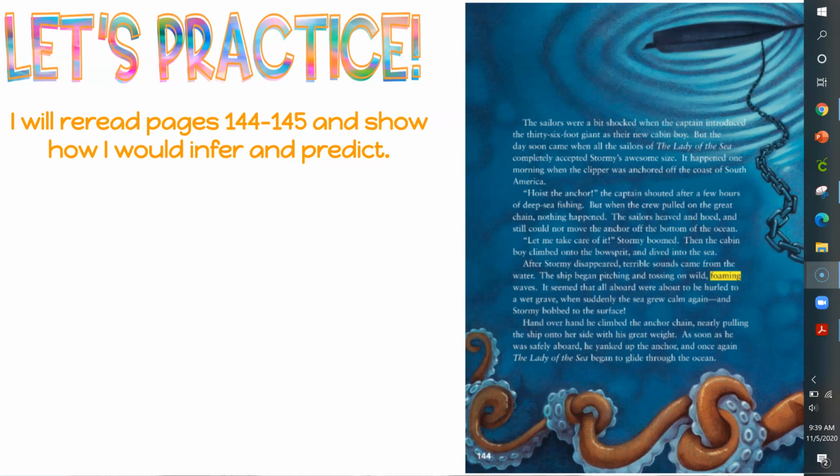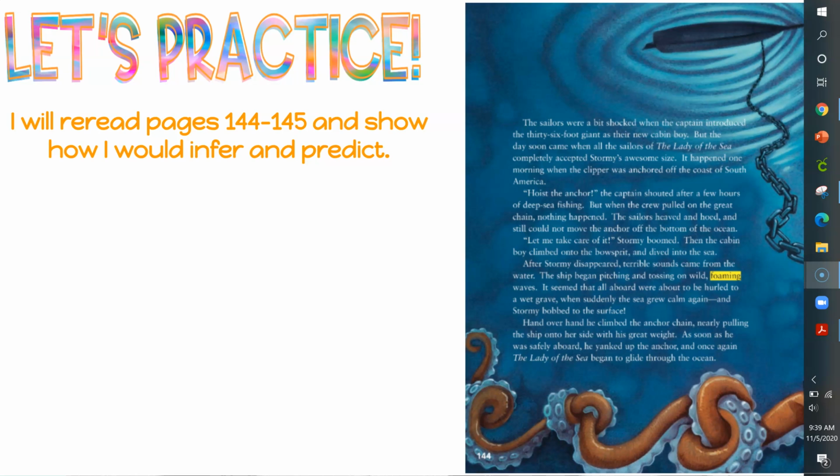"Let me take care of it," Stormy boomed. Then the cabin boy climbed onto the bowsprit and dived into the sea. After Stormy disappeared, terrible sounds came from the water. The ship began pitching and tossing on wild, foaming waves.